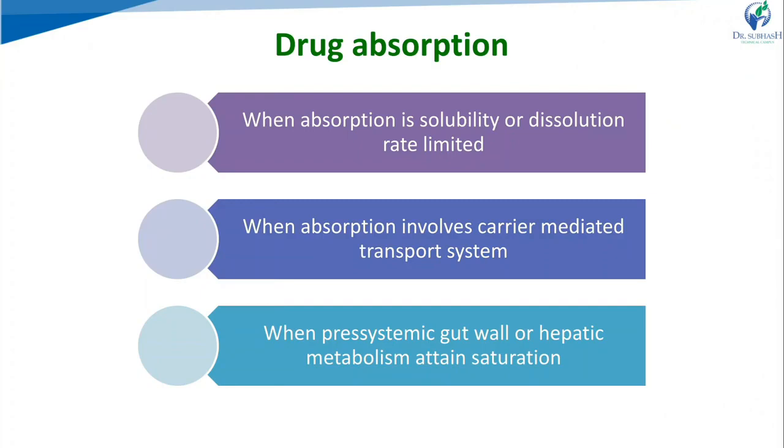The parameters affected are the fraction absorbed, bioavailability, absorption rate constant, Cmax and AUC. A decrease in these parameters is observed in the former two cases and an increase in the latter case. In the first two, these parameters decrease, like Cmax, AUC, absorption rate constant and bioavailability, but in the third one they increase.